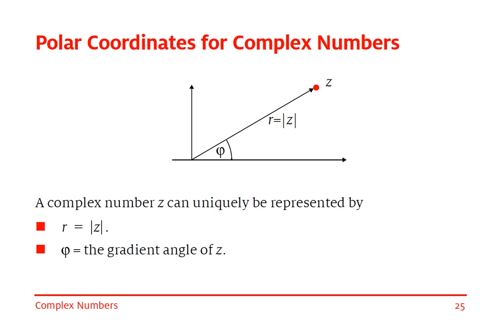This means that a complex number z can uniquely be represented by r, which is its absolute value, and phi, the gradient angle of z. But how can we compose these two components, r and phi, to a unique expression?